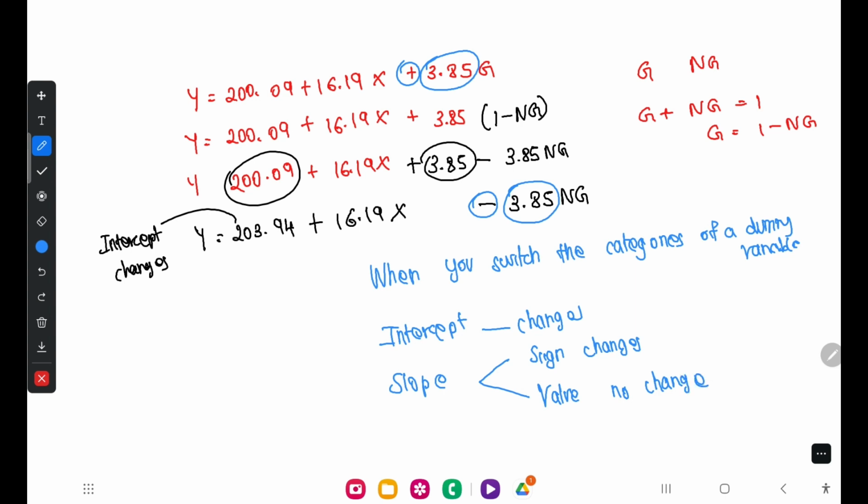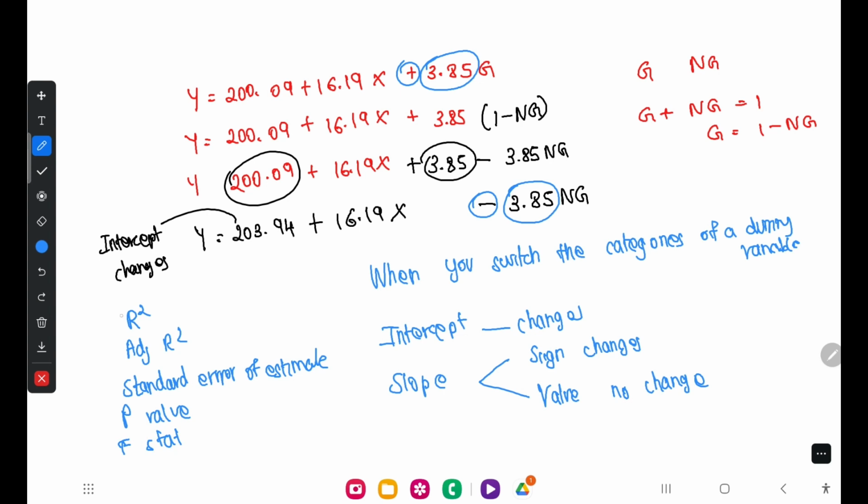If you had done the regression in Excel, you would have also noticed that even if you switch the categories of a dummy variable, your other statistics like R square, adjusted R square, SE, that is the standard error, I'll write it as standard error of estimate, p-value, and f-stat, nothing would change.